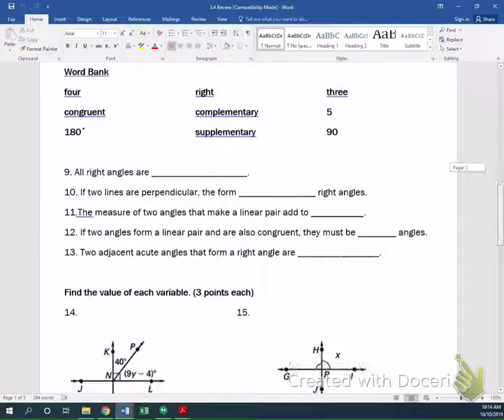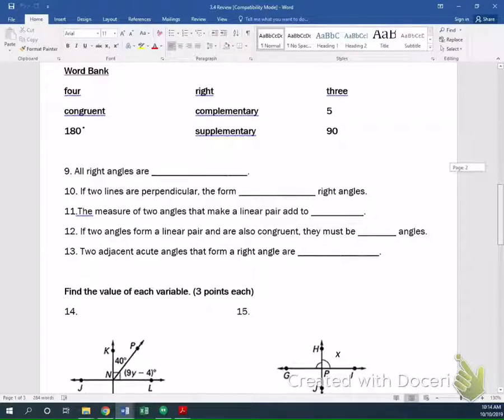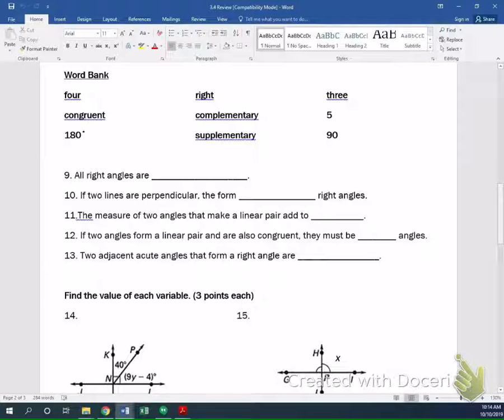All right, this is the fun section. Right angles are congruent. Good. If two lines are perpendicular, they form how many right angles? 4. 4 right angles. Good. The measure of two angles that make a linear pair add to what? 180. 180 degrees.